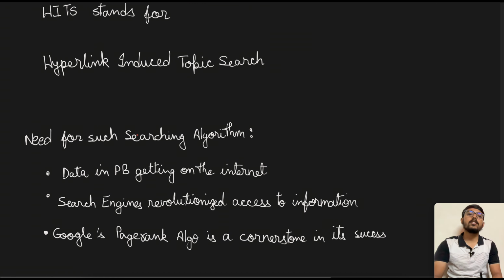The need for such an algorithm lies in the fact that after the 2000s, data from enterprises was generated in petabytes and was uploaded to the internet. Search engines have revolutionized access to information, and Google's PageRank algorithm, as mentioned previously, is making this search simpler every day.